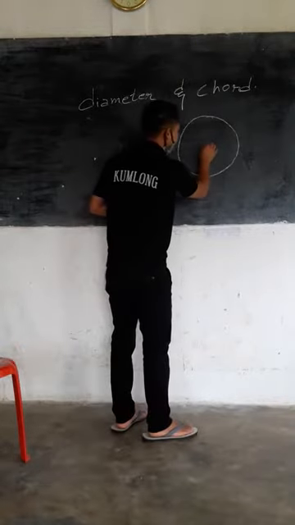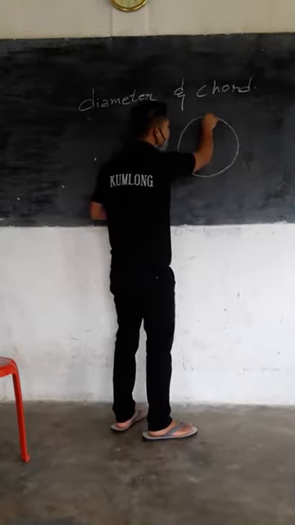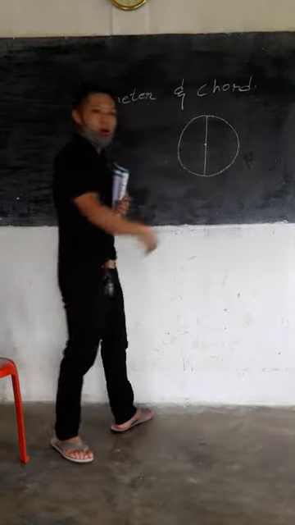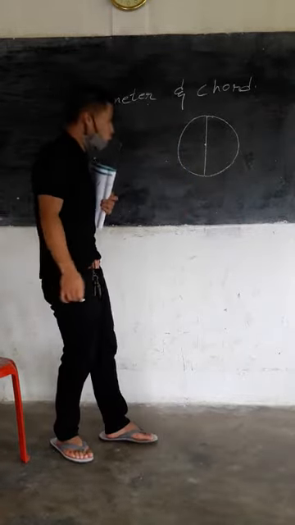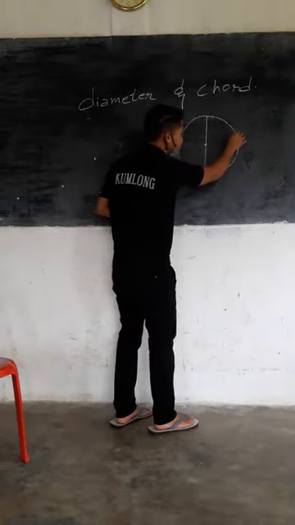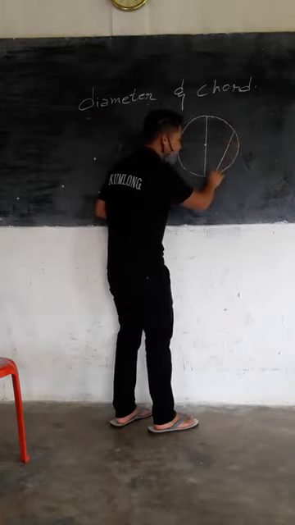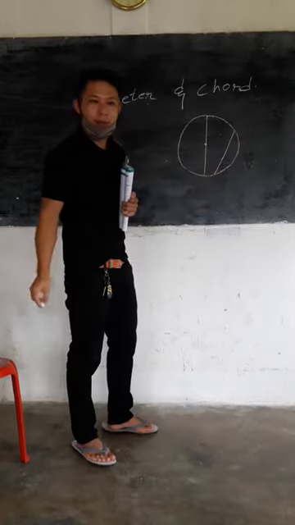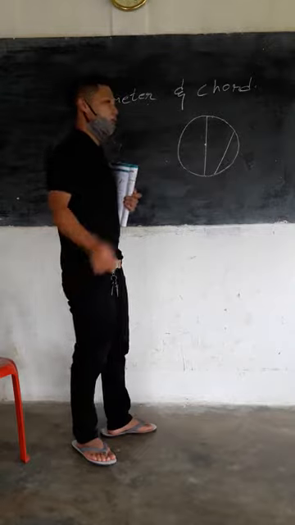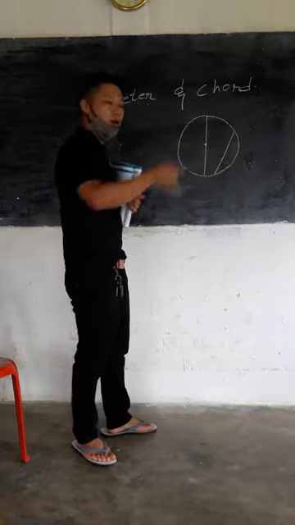Whereas the chord, this one, does not pass through the center point. That is the difference between diameter and the chord.